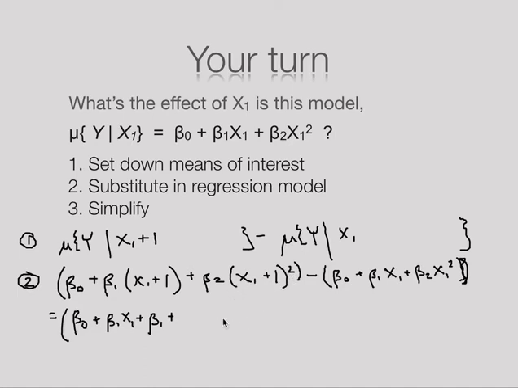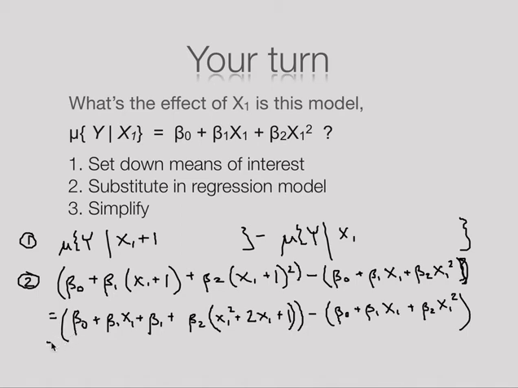Let me multiply that out first. I would get an x1 squared plus 2x1 plus 1. And all of that is multiplied by beta 2. And then I'm not going to change anything on this mean on the right hand side. So I still have beta 0 plus beta 1 x1 plus beta 2 x1 squared.